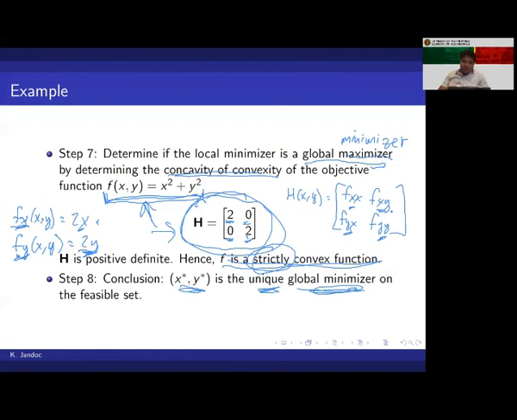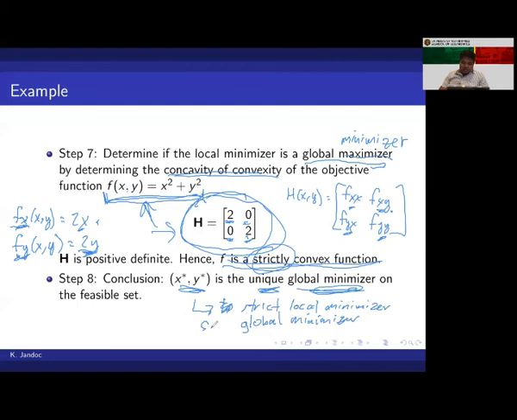So not only is x star, y star a strict local minimizer, which is what we obtained when we got the second order sufficient conditions using the Hessian of the Lagrangian, but here, it's also a global minimizer.